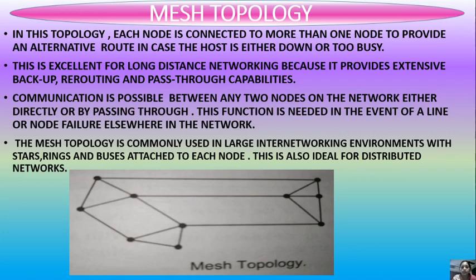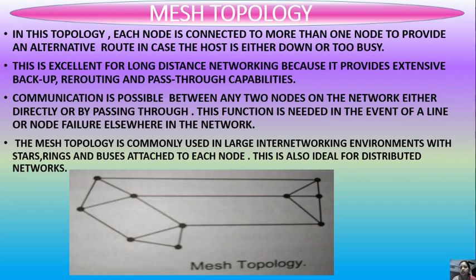Now, the next is mesh topology. In this topology, each node is connected to more than one node to provide an alternate route in case the host is either down or too busy. Here you can see in the image that each node, or we can say each PC, each device, is connected to more than one node.